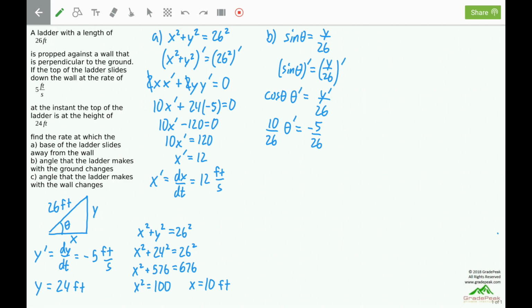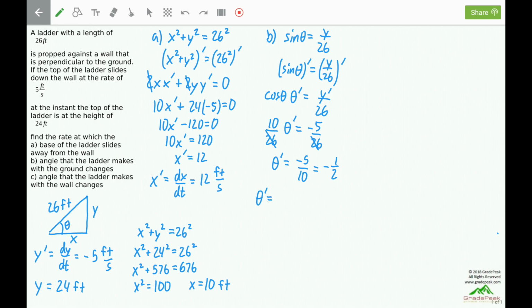We can multiply both sides by 26, which means the 26s will cancel because they're in the same position. They're both in the denominator on opposite sides of the equal sign. To simplify the algebra needed here, and now we can divide both sides by 10, so we end up with negative 5 over 10. 5 and 10 are both divisible by 5, so this will reduce to a negative 1/2.